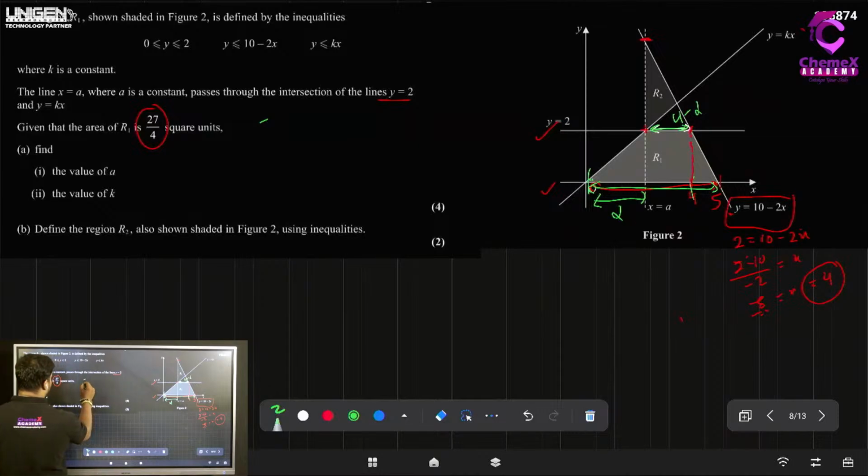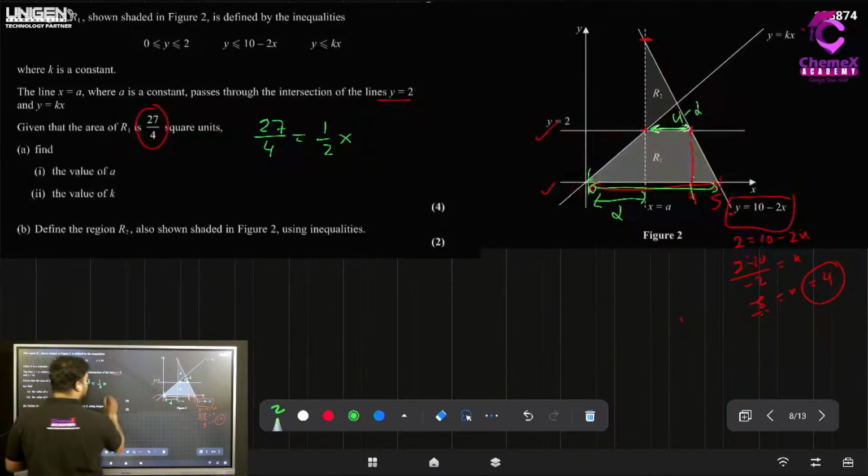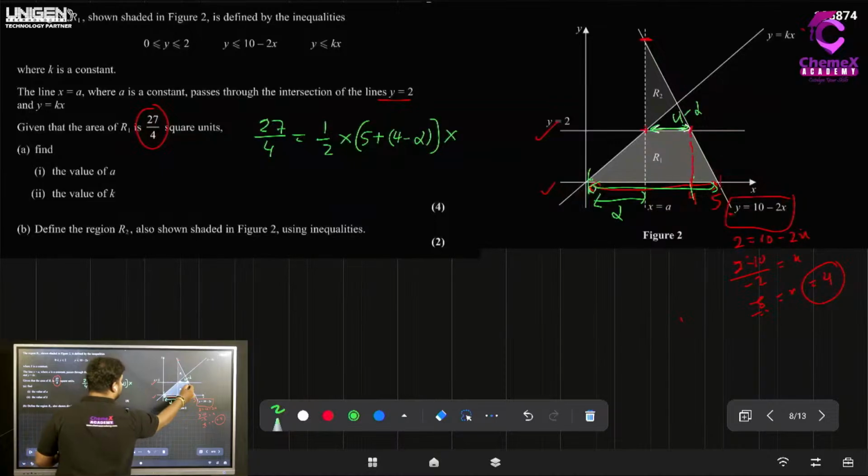Area is equal to what? 27 over 4 is equal to half times, it's a trapezium, 5 plus 4 minus alpha into the height. What's the height? 4, right?